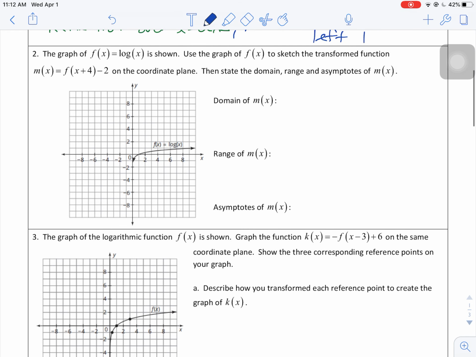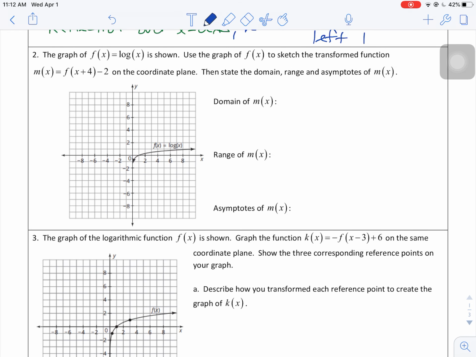On number 2, they already graphed log of x for us, and then we want to transform this new function m of x. So that +4 makes us go left 4 because it's inside the parentheses. The -2 makes us go down 2.